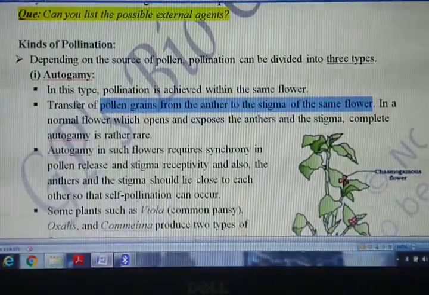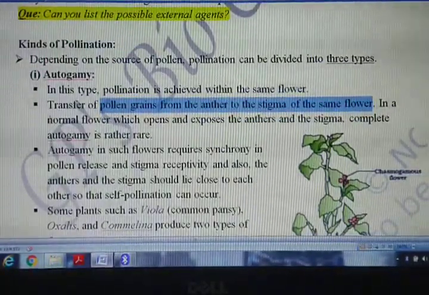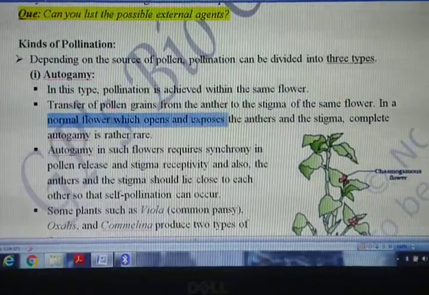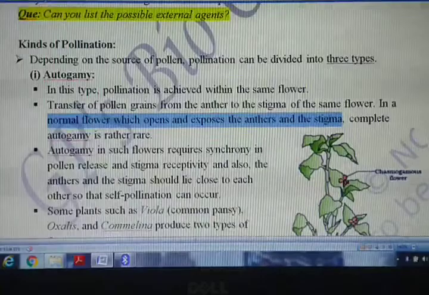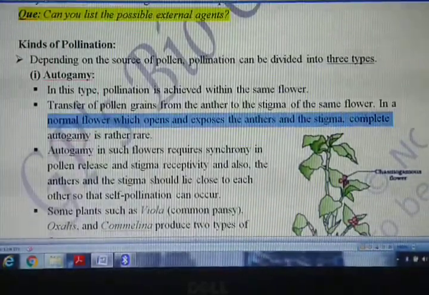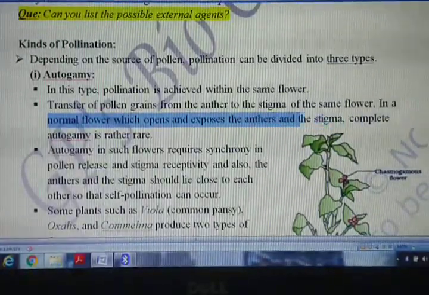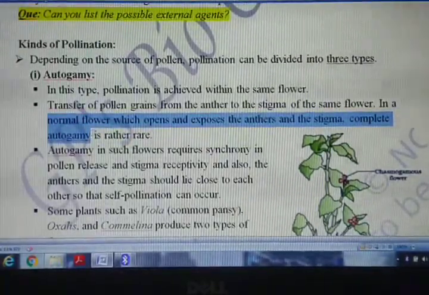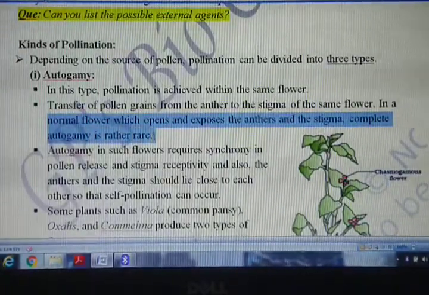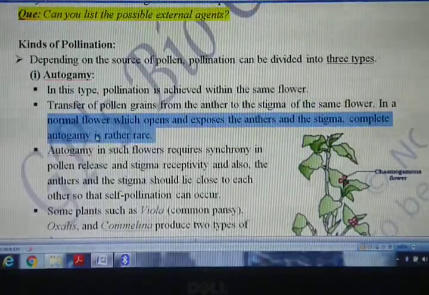And in this, in a normal flower that can open and be exposed so that the anther and stigma can go for self pollination, that is autogamy, this is actually rare. ये काफ़ी rare होता है.